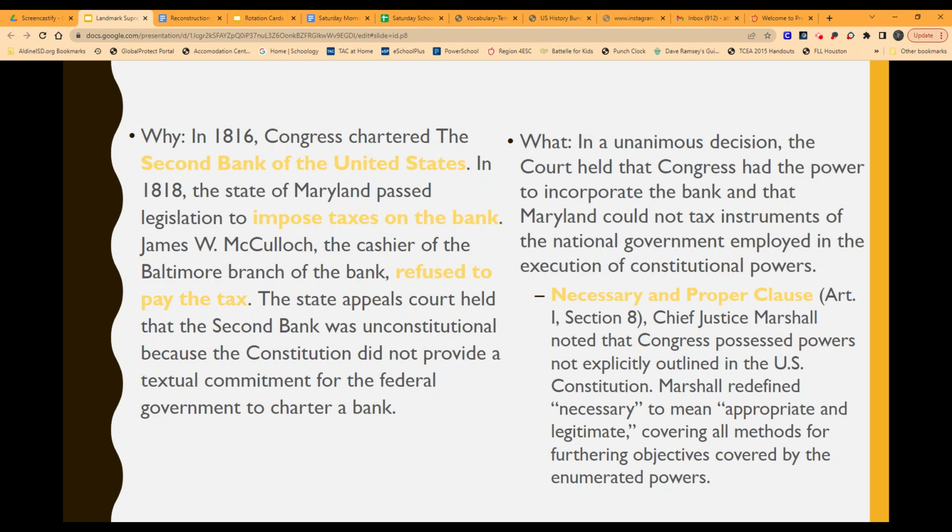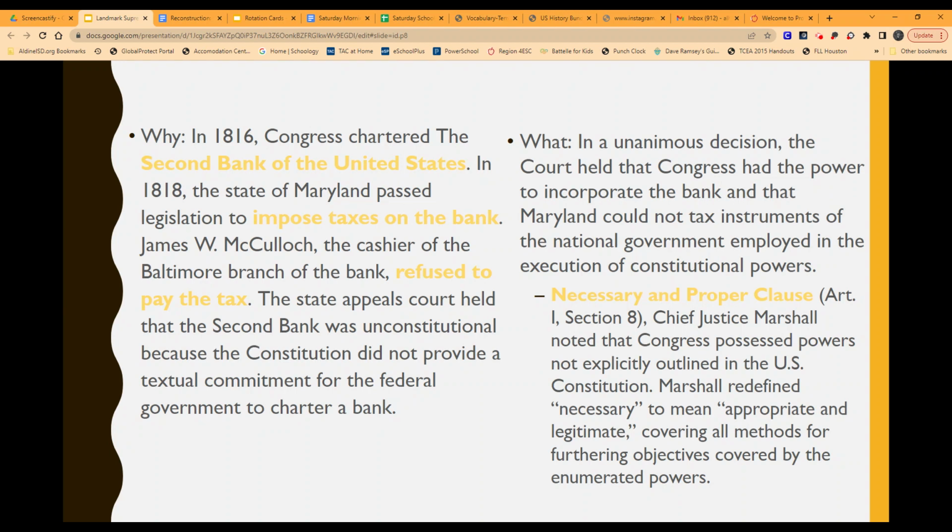What took place in a unanimous decision? The court held that the Congress had the power to incorporate the bank and that Maryland could not tax instruments of the national, federal, or central government employed in the execution of constitutional powers. It goes back to that necessary and proper clause Washington used in order to create the first national bank.